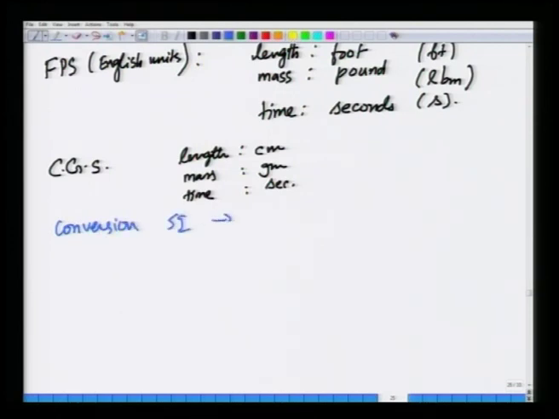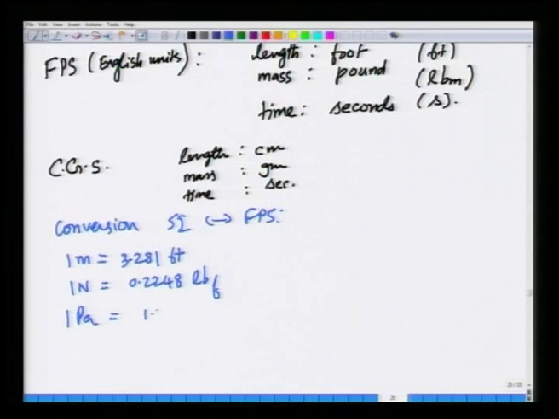SI to FPS: 1 meter is 3.281 feet and so on. 1 Newton is 0.2248 pound force, lbf, and 1 Pascal is 1.450 into 10 to the minus 4 lbf per inch squared and so on.